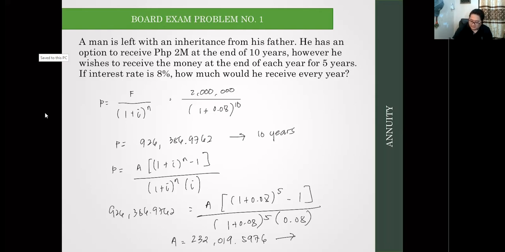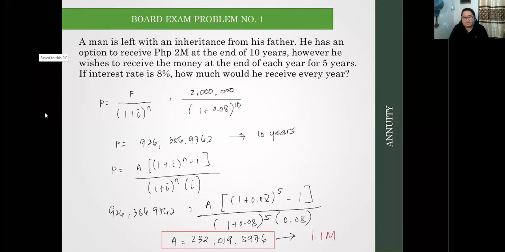So, ito yung equivalent value ng amortization payment na matatanggap niya dun sa perang dapat matanggap niya. Okay? So kung kukumpute natin, halimbawa yung 232 na yan, times 5 years. So almost 1.1 M lang yan. Okay? Halos 1.1 M lang, which is lugi ka ng halos 900,000, no?